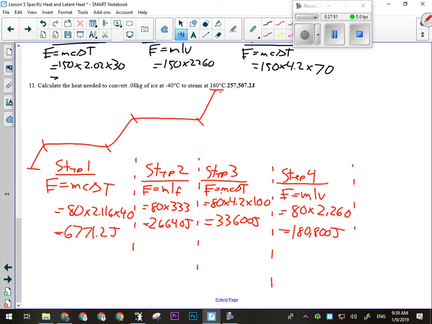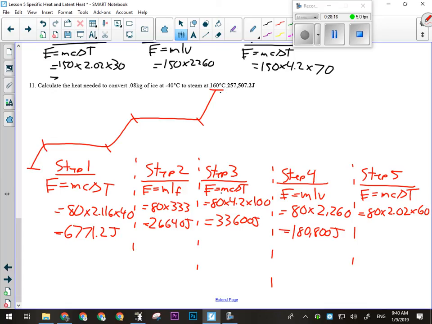And then at the end of that step, I have steam at 100 degrees Celsius. If I keep heating it, the steam's temperature will increase. It's another diagonal part of our heating curve. So that's E equals mc delta T, 80 grams times the heat capacity of steam, 2.02, times the temperature change. I'm going from 100 to 160.